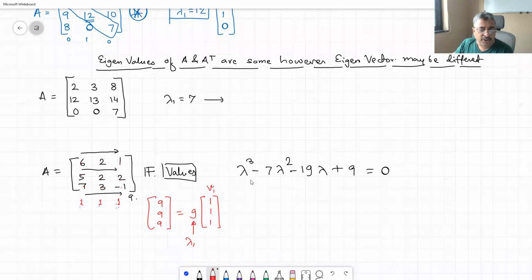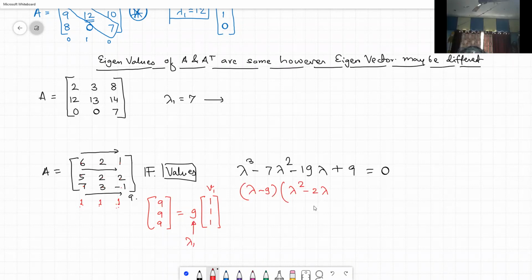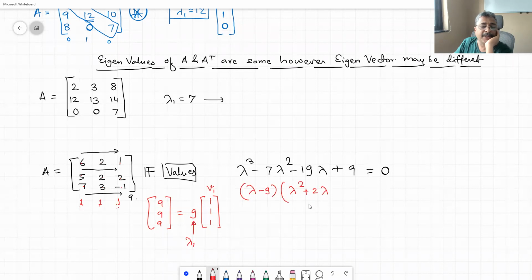So if you substitute 9 in this case, lambda minus 9 is definitely a factor, because 9 is one of the eigenvalues. You will get lambda square, 9 lambda square minus 2 lambda, and you end up getting 18 lambda. You have 19 lambda with you, so plus 2 lambda. Wait a minute. Minus 9 lambda plus 2 lambda.